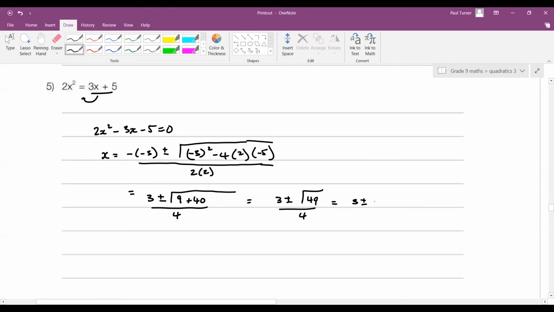Root 49 is 7. So 3 plus 7 on 4, and also 3 minus 7 on 4. So 10 on 4 and minus 4 on 4. So you'll get 5 on 2 and minus 1 as the solution for that problem there.